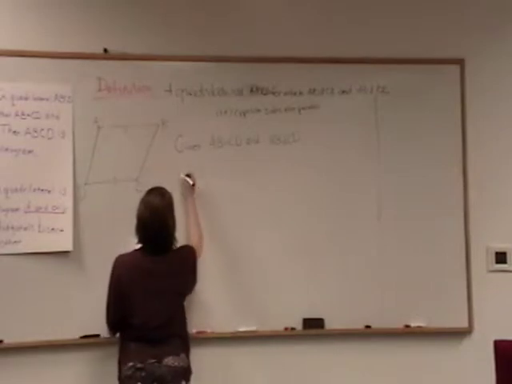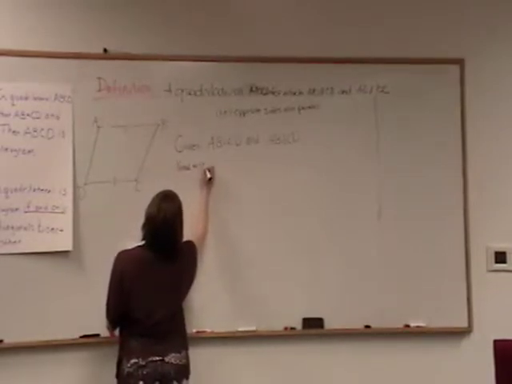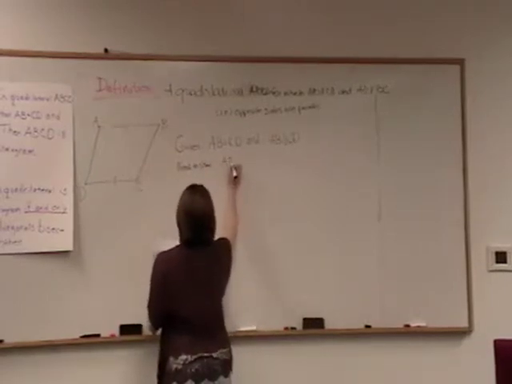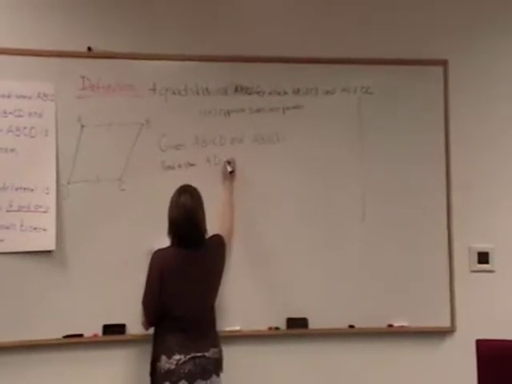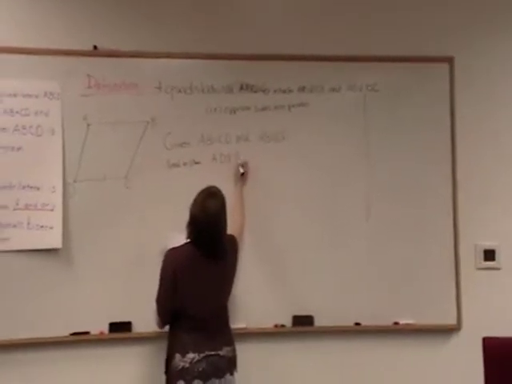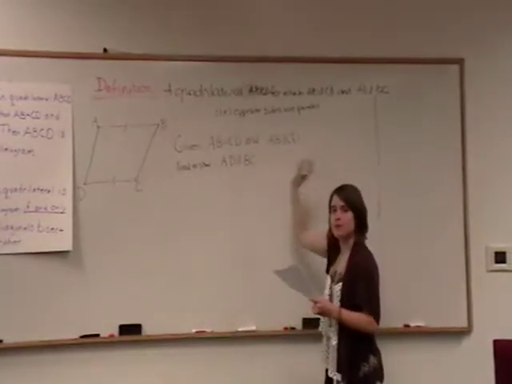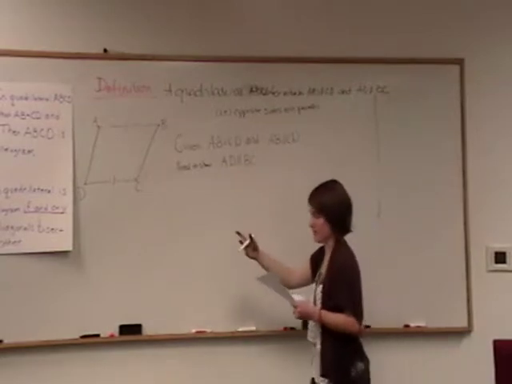One, by following the definition, where we'd need to show that AD is parallel to BC. So then we'd have both of the opposite sides are parallel, and we'd be done, and we'd know that this quadrilateral was a parallelogram based on the definition.